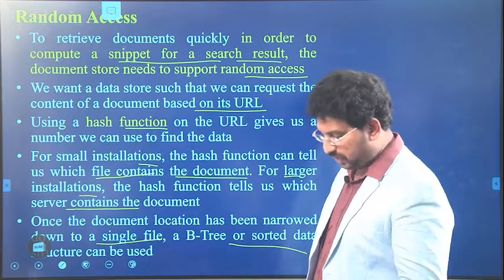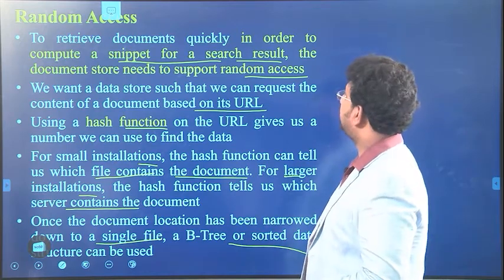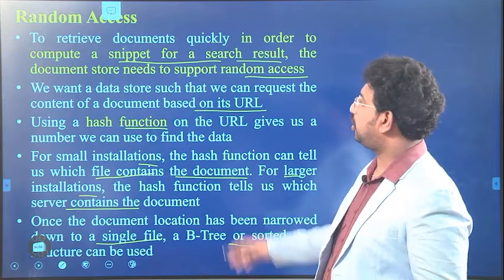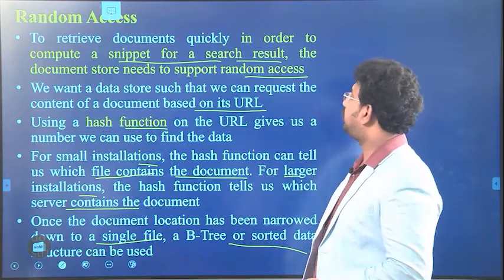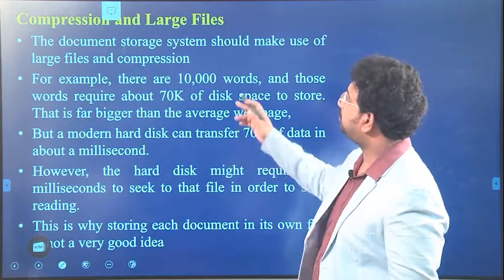So this is about random access as part of generating the snippet for the result. In order to compute the snippet for a search result, the document data store needs to support random access.